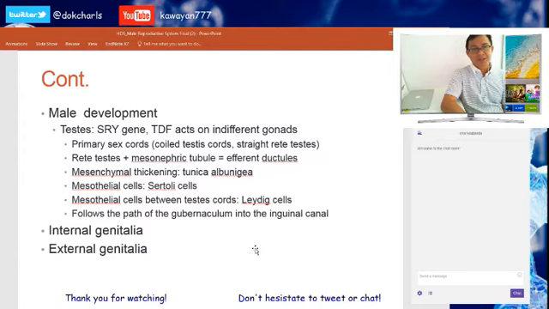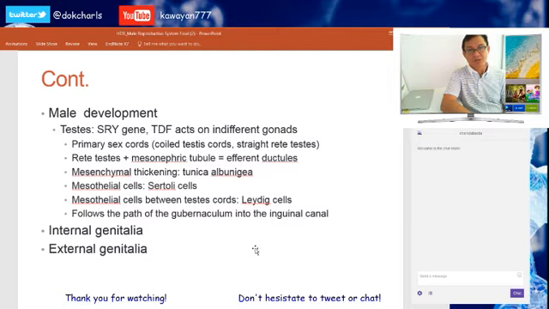So your testis needs your SRY gene, which acts on your indifferent gonads. Your TDF, the testis determining factor, acts on the indifferent gonads, allowing them to develop into male gonads, and you will have the development of the primary sex cords.